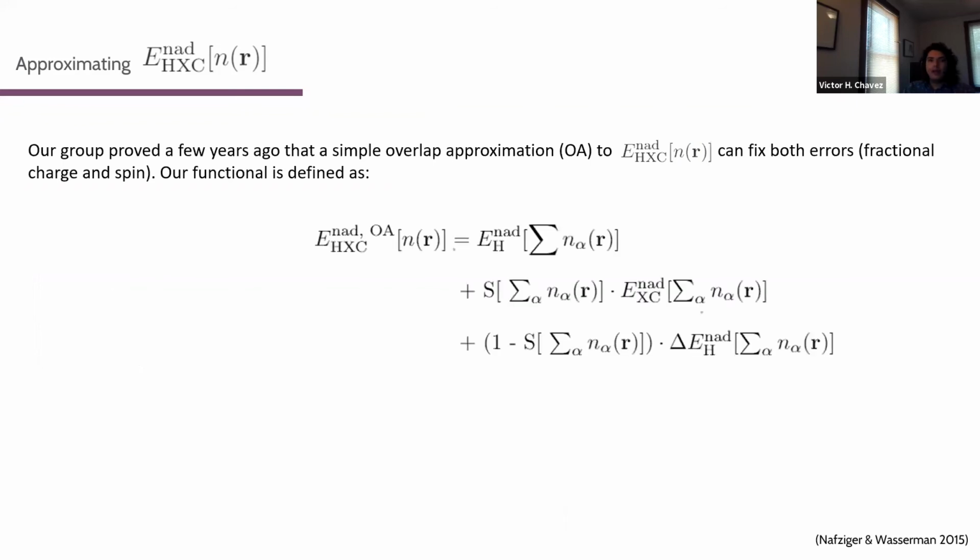And this was done by having this non-additive exchange correlation functional. And here I'm using non-additive for each of the previous terms that I defined, which is just the difference between the real molecule minus the sum of the fragments. And then here you can see that this was a little bit inspired by hybrid functionals, in which I am dependent on this S parameter that is measuring the overlap of the two densities.